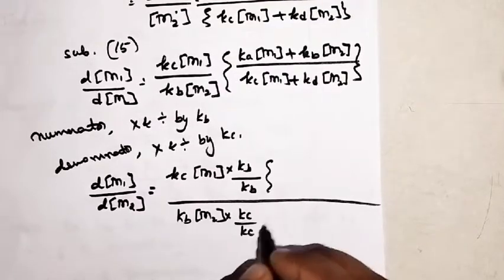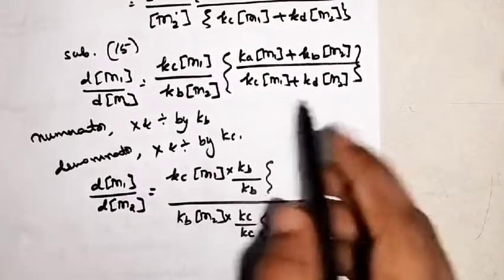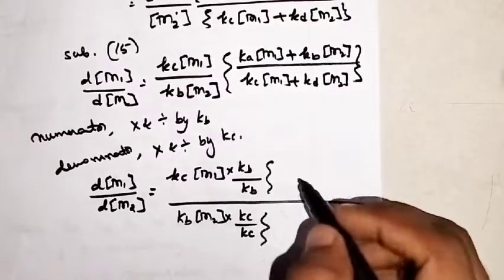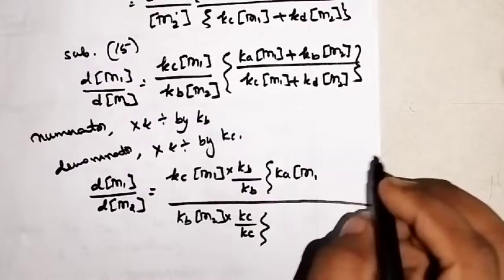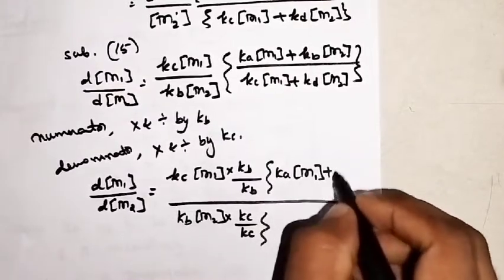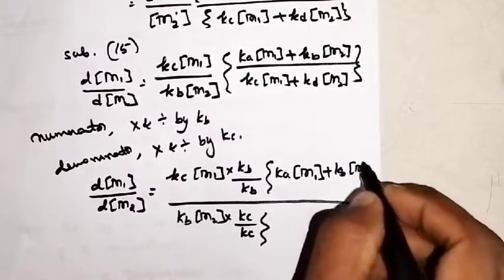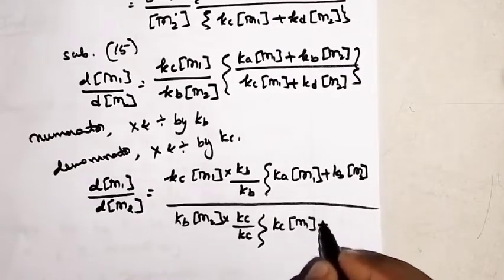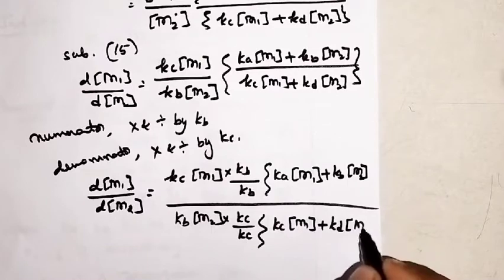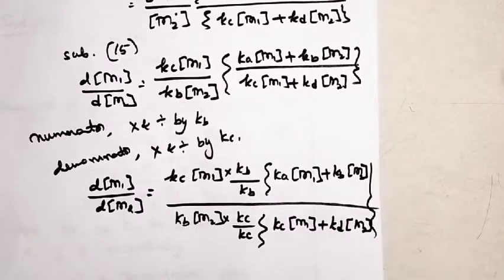Kc by Kc. Write the remaining term. Ka concentration of M1 plus Kb concentration of M2 and here Kc concentration of M1 plus Kd concentration of M2.